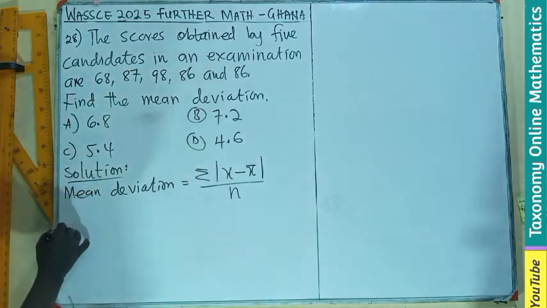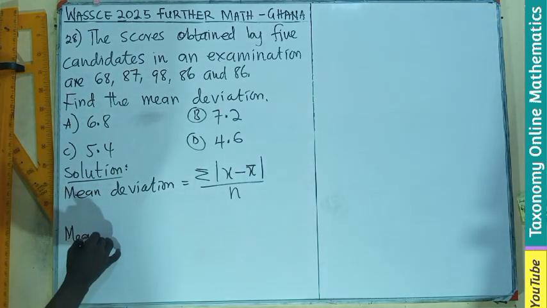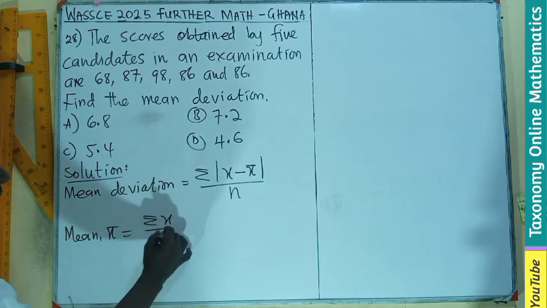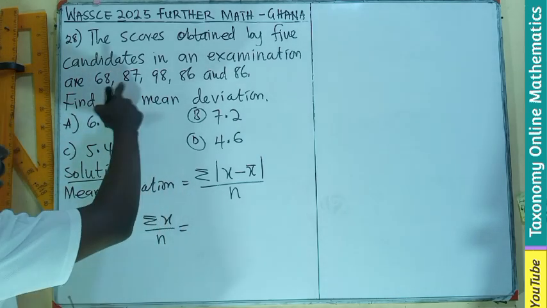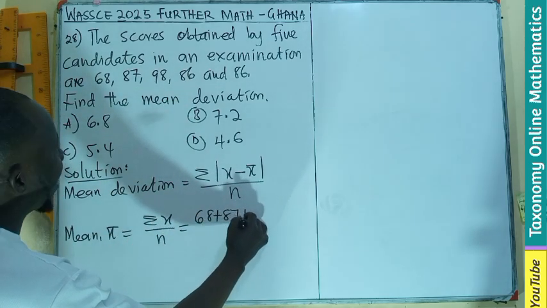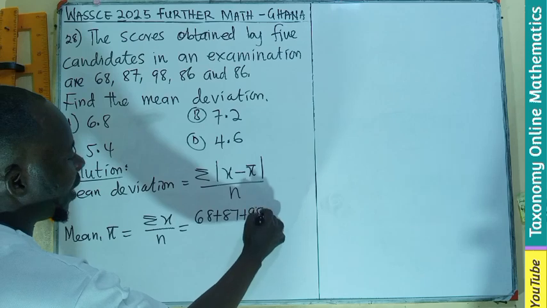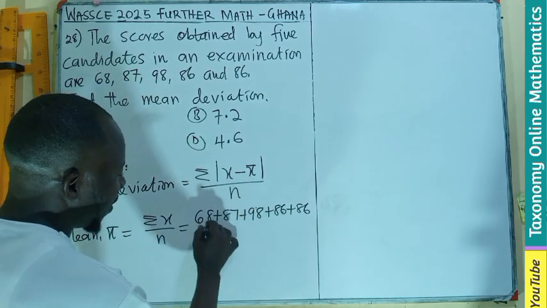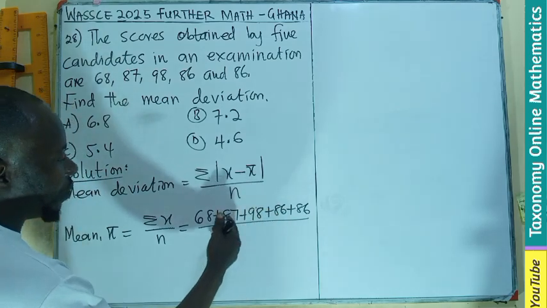And how do we find the mean? The mean is sigma x divided by N. Meaning adding all these values, 68, then 87, 98, 86, plus 86, divided by 1, 2, 3, 4, 5.